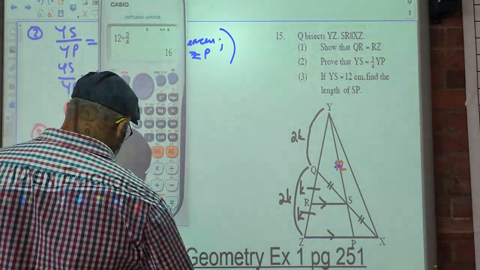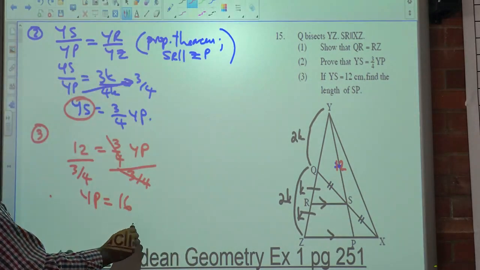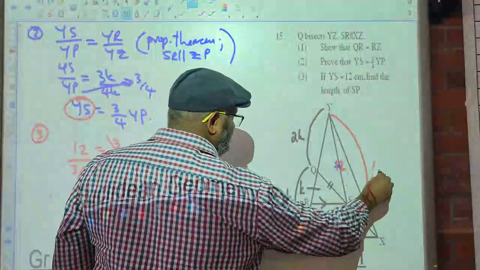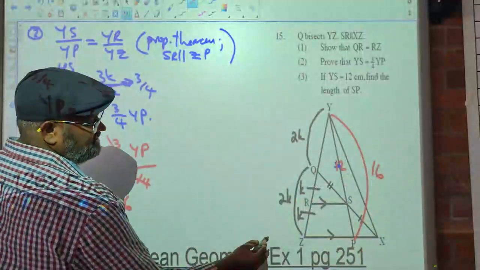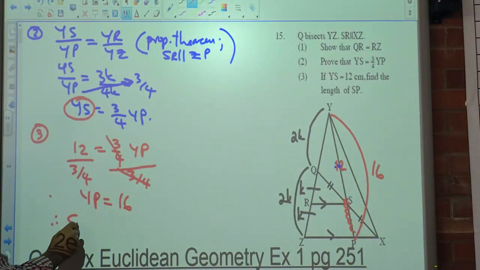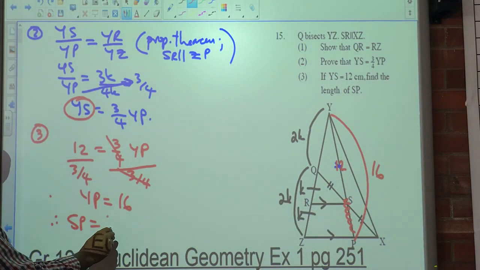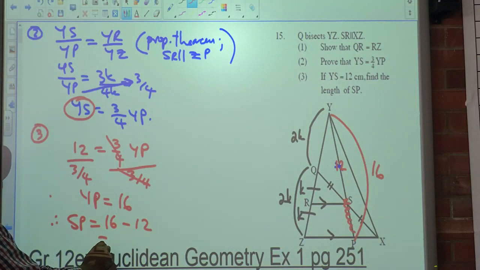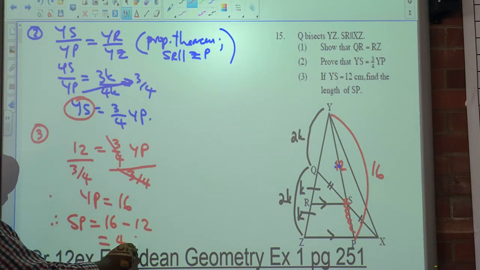Give you 16. So this whole length is 16. But what's the question? To work out SP. So therefore SP is going to be 16 minus 12, which is 4 centimeters.